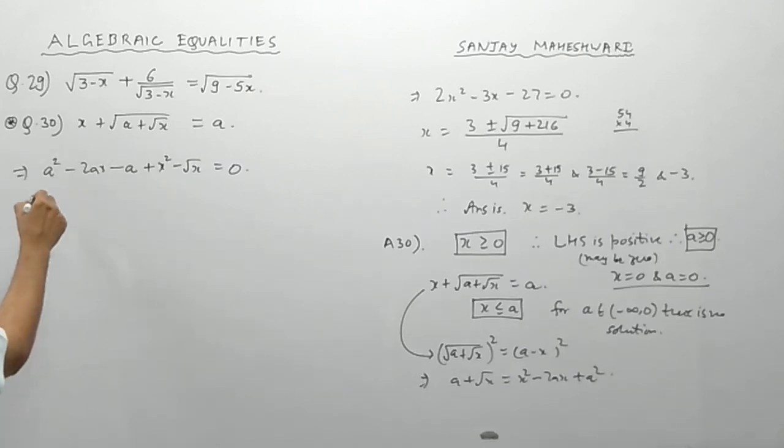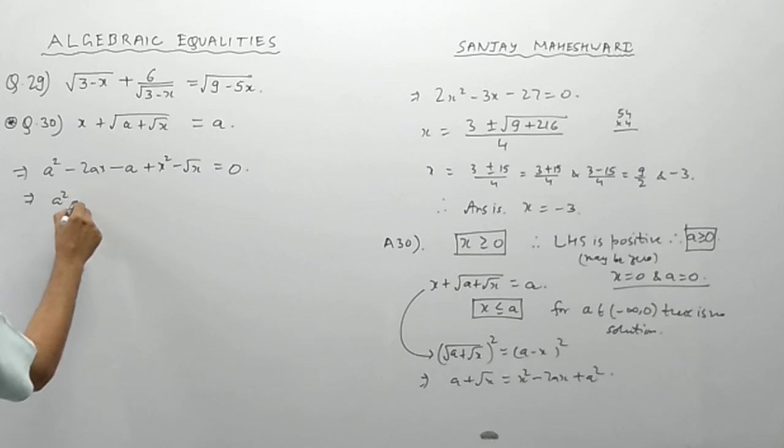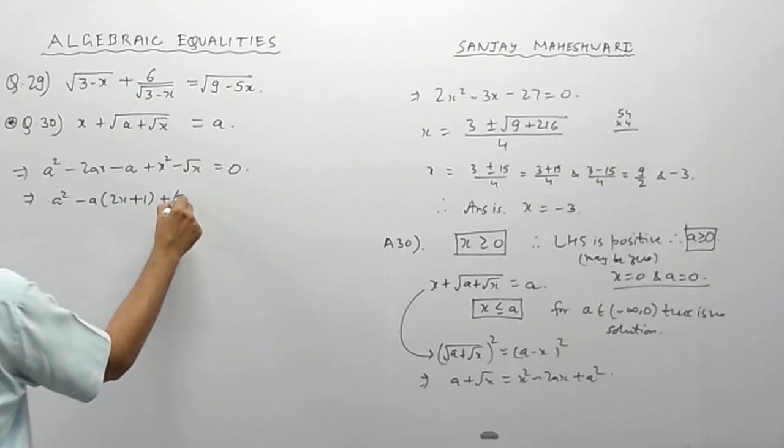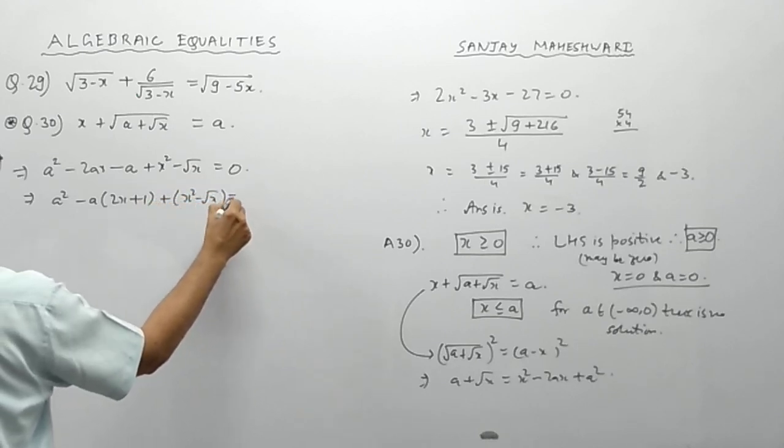So we can write it like this: a square minus a times 2x plus 1 plus x square minus root x equal to 0.